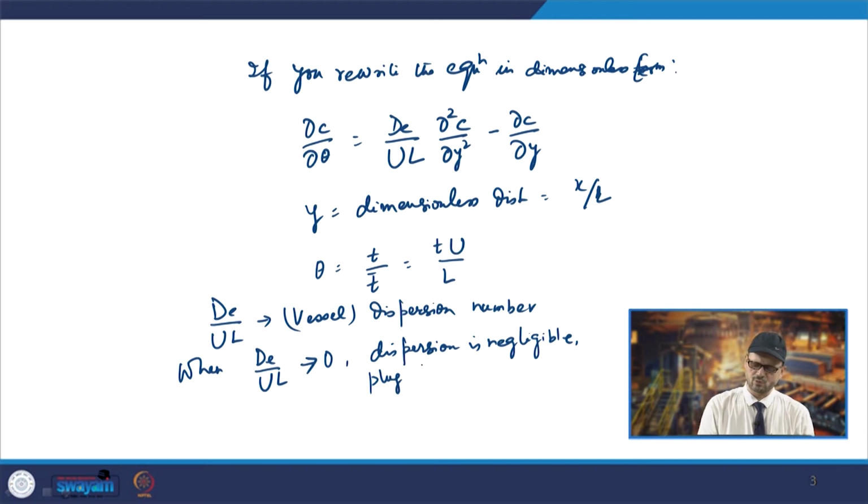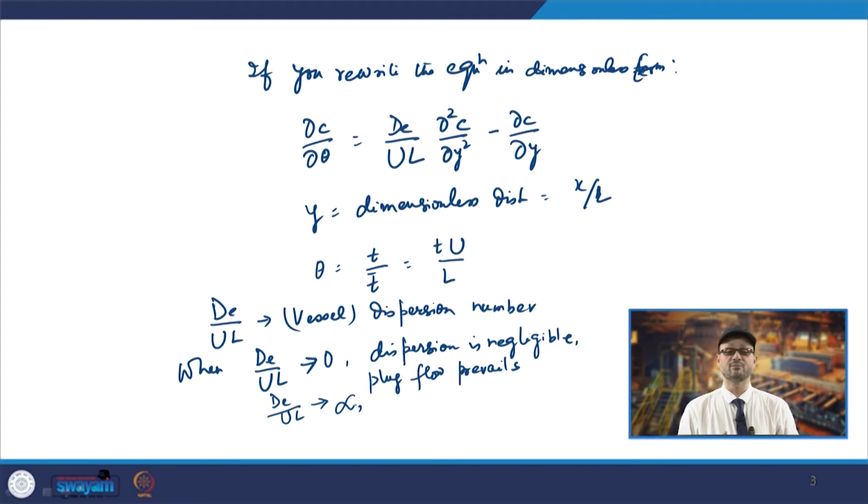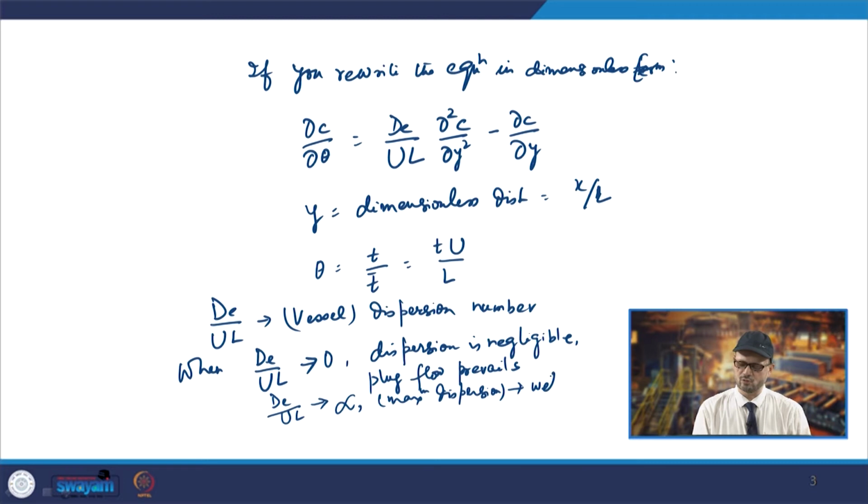On the other hand, if your dE by UL is approaching towards infinity, it means dispersion is very high, the maximum possible dispersion, and that will lead to the well mixed flow conditions.